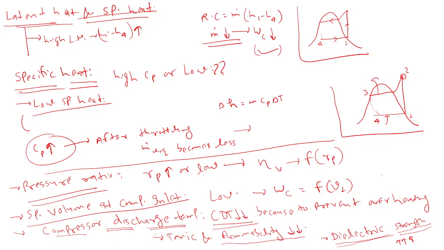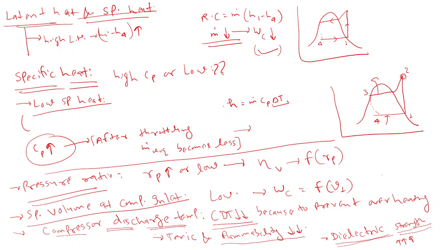Now let's suppose this Cp is high. So what will happen with this m dot? For a given amount of heat, and this drop in temperature is also fixed because we are going to come from here to here only. If Cp is high, then what will happen with m dot? It will decrease. It will be less. It has been asked in only that context. So if Cp is high, then m dot of liquid would be less.